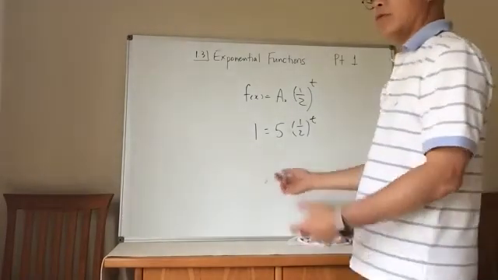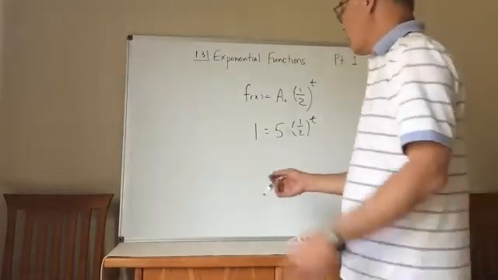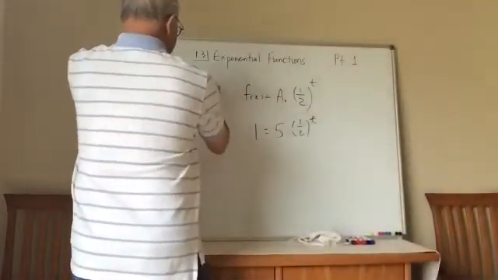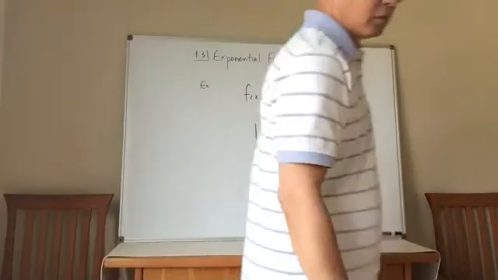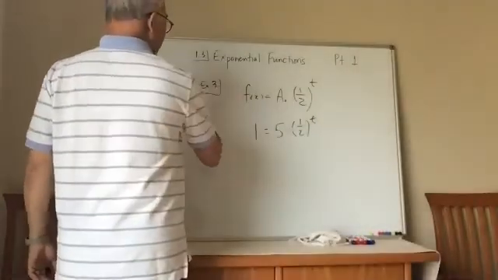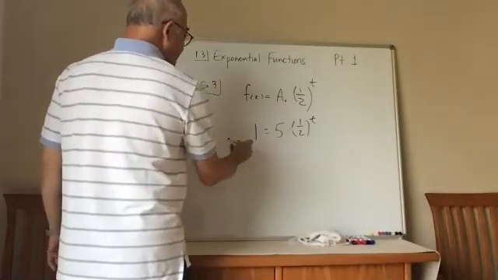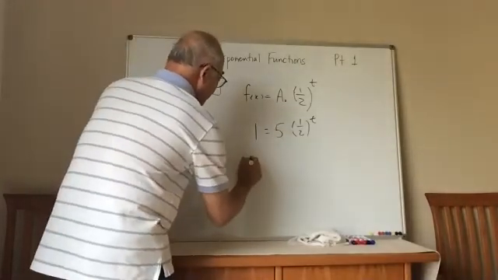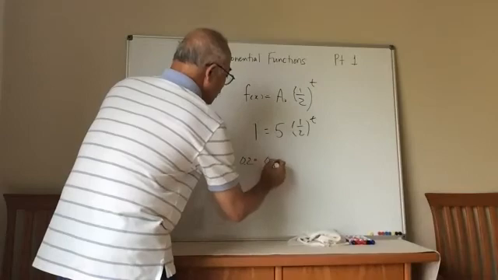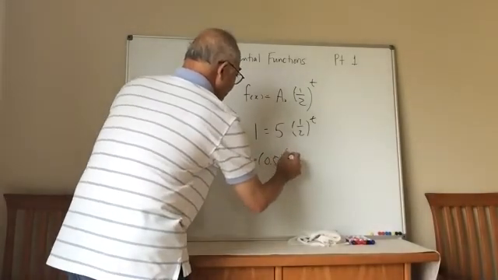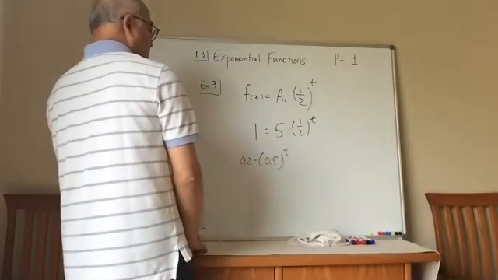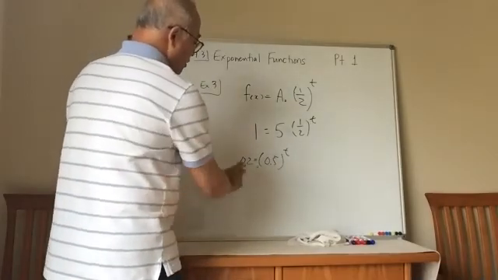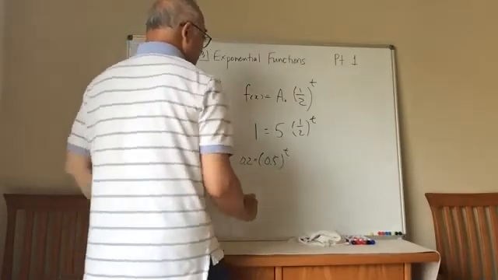So again, we would do what we just did with the logs. This is example number 3. We do the same thing: divide each side by 5. I get 0.2 is equal to 0.5 to the t. We would solve this by taking the log of both sides.